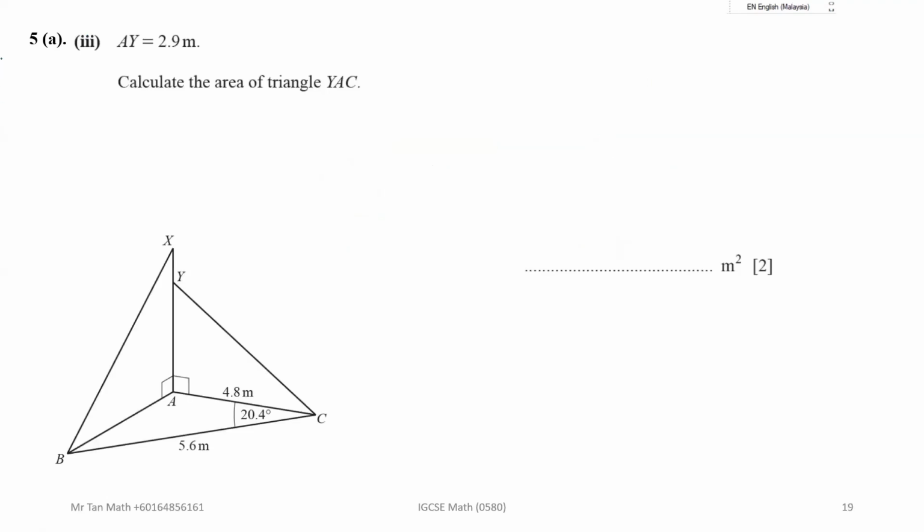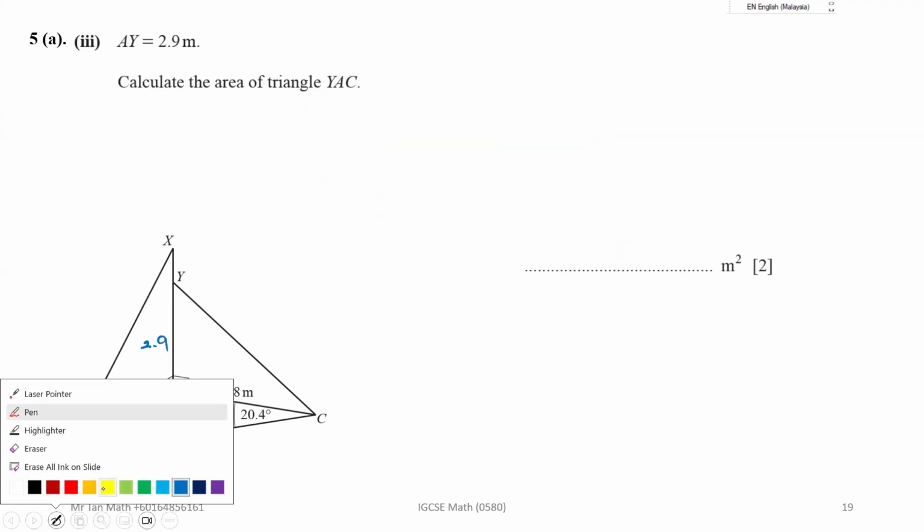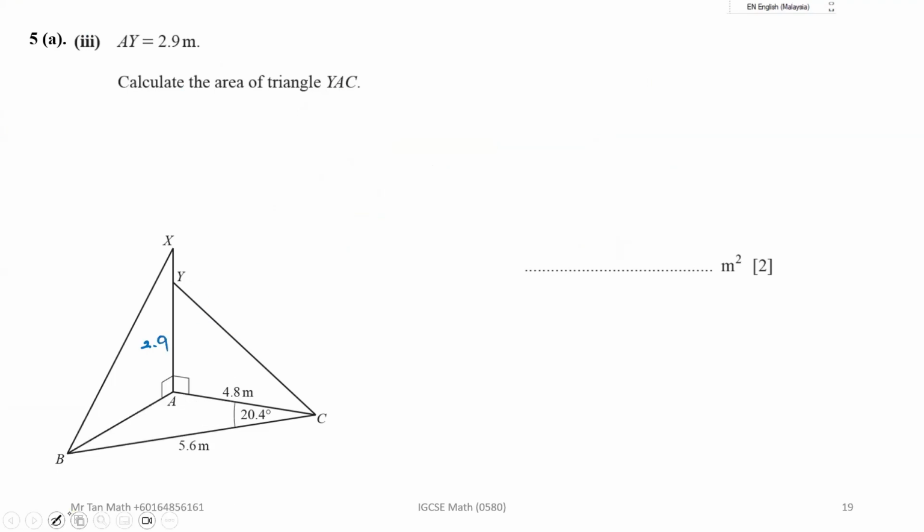AY is 2.9. Calculate the area of YAC. So this is 2.9. The question asks for the area of YAC, just this triangle. Need to focus on just one triangle.